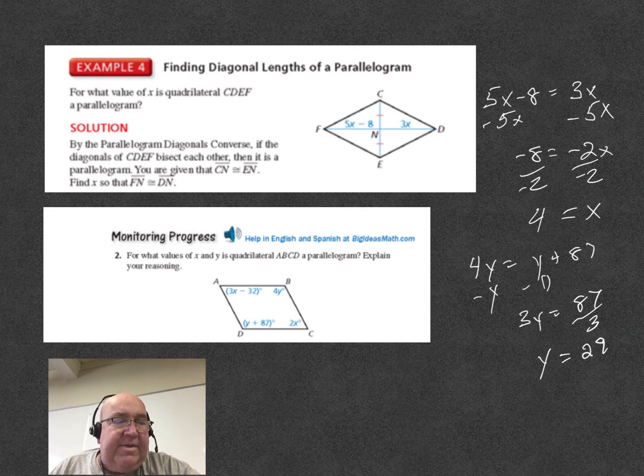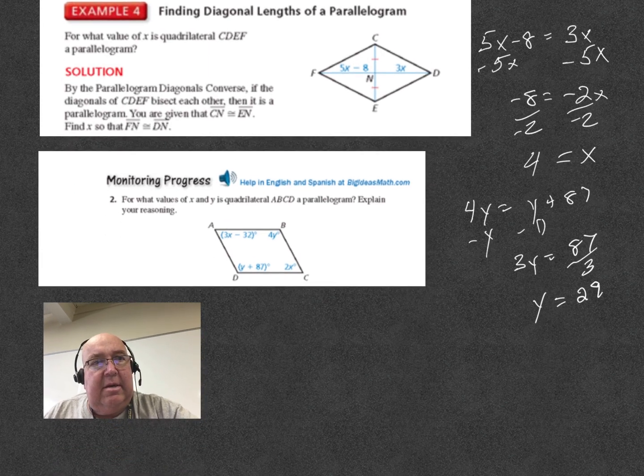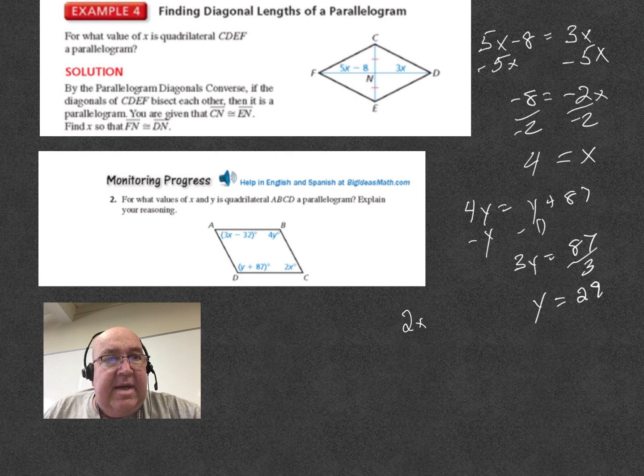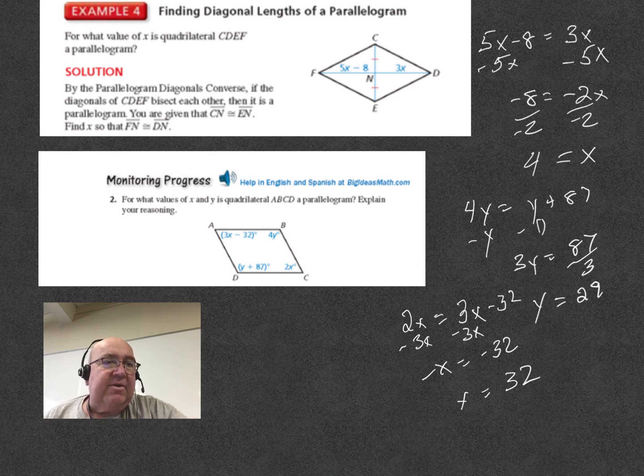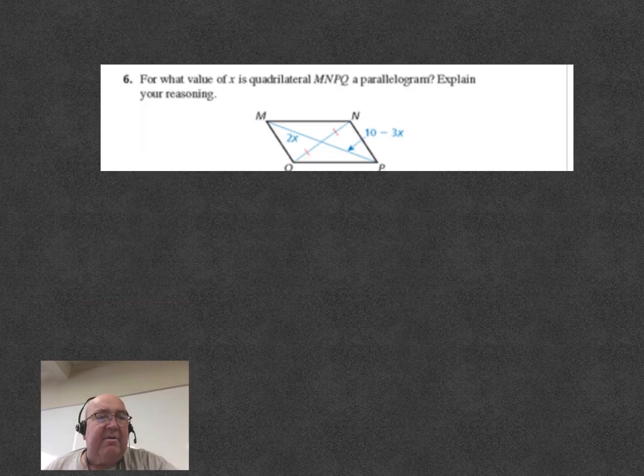So those will be equal. And now we have 2x is equal to 3x minus 32. We're going to subtract 3x from both sides. Negative x equals negative 32, so that means x equals 32. And those would be the measures that would make that a parallelogram.